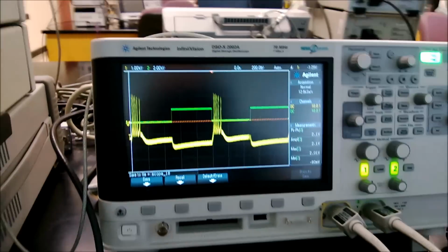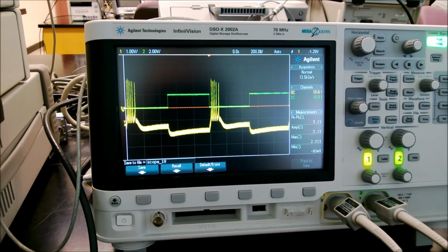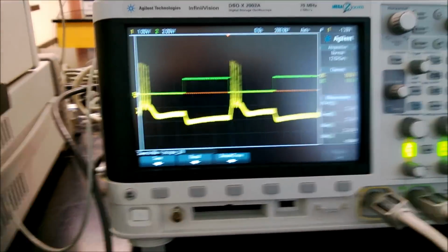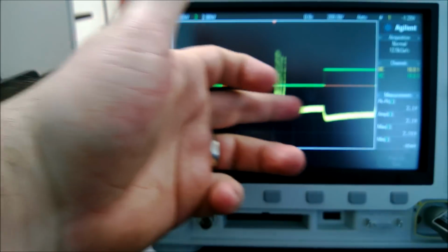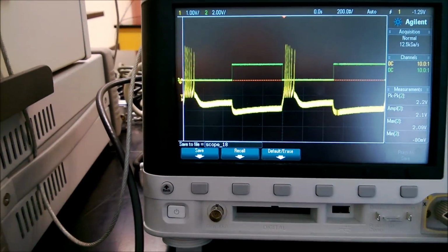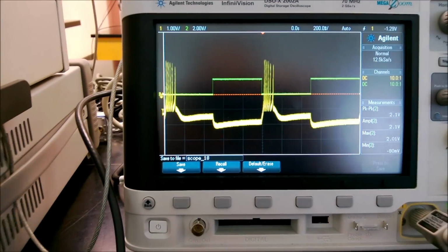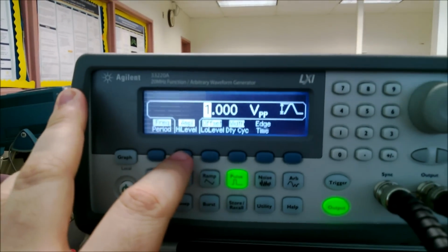So let's get to the output. Here we have the output of the X signal. We currently see that it is doing its bursting mode and its non-bursting mode. This is during the input width, and this is at an amplitude of 1 volt peak to peak.